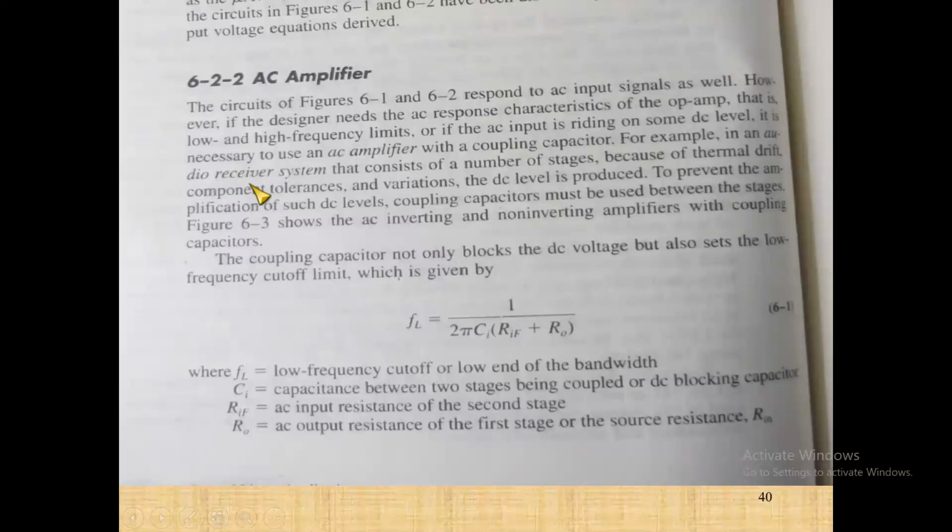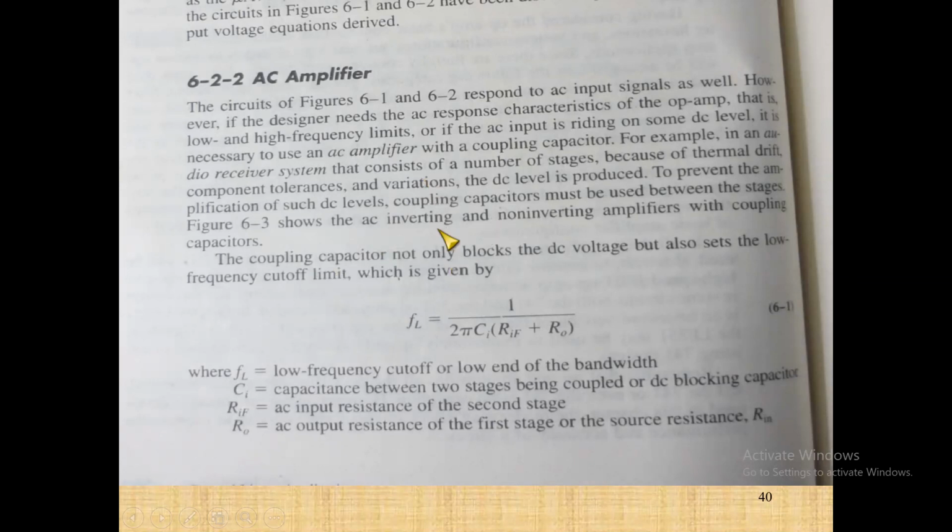For example, in a radio receiver system, we have a number of stages, and because of thermal drift, component tolerances and variations, a DC level is produced. To prevent the amplification of such DC levels, you can use the coupling capacitor. So coupling capacitors are there just to remove the DC levels from the AC signal.